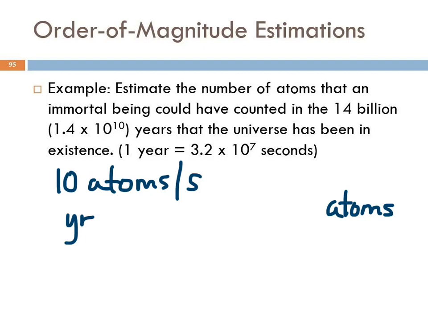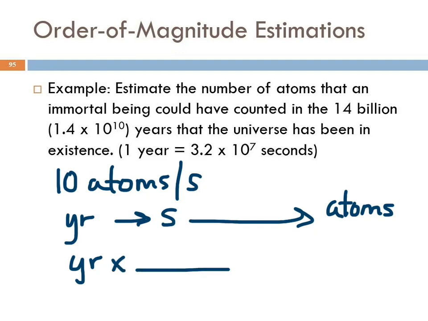And then we're going to go from years. We have a relationship between years and seconds. We can go from years to seconds. And then we have this rate. Atoms to seconds, so we go from seconds to atoms. So, years, and then we're going to go to seconds, and then we're going to go to atoms.